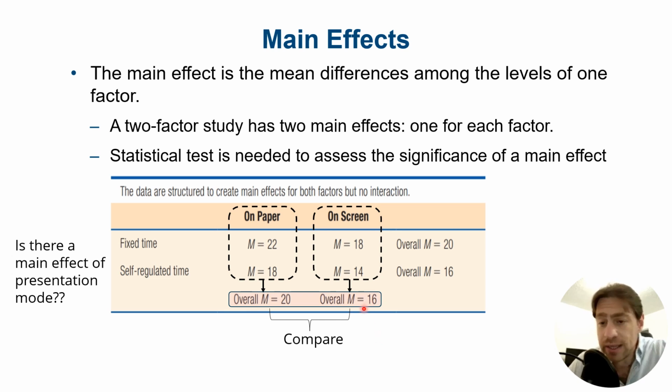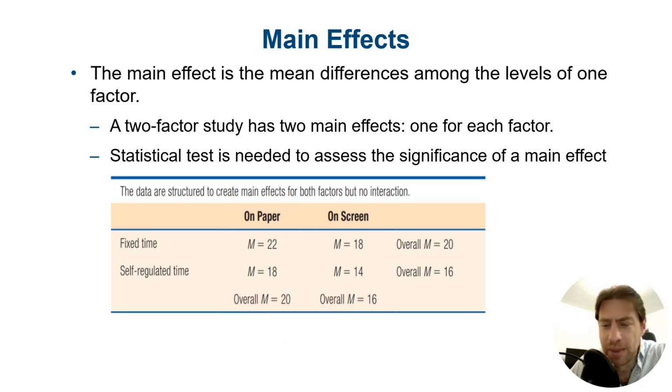And here it appears that there is a difference. On average, people did worse when the presentation mode was a screen as opposed to when it was paper. And this difference implies the presence of a main effect for presentation mode. Now, in the real world, you wouldn't just ask, is there a difference? You would use a statistical analysis to see if the difference is significant. And if it is, you would conclude that there is a main effect of presentation mode.